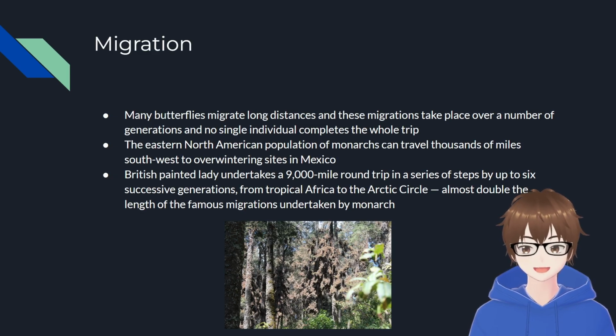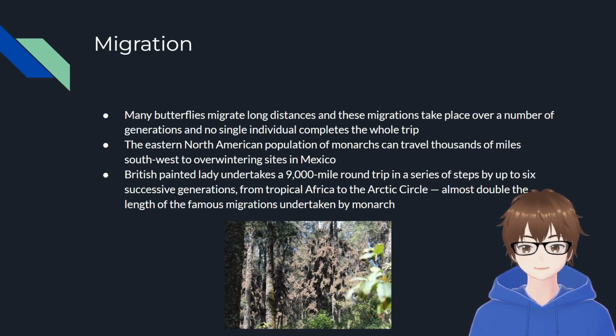So, migration we will talk about because many butterflies migrate long distances, and these migrations take over a number of generations. So, not one butterfly will make it the whole trip. Sometimes it'll be multiple generations. The eastern North American population of monarchs can travel thousands of miles southwest to the overwintering sites in Mexico.